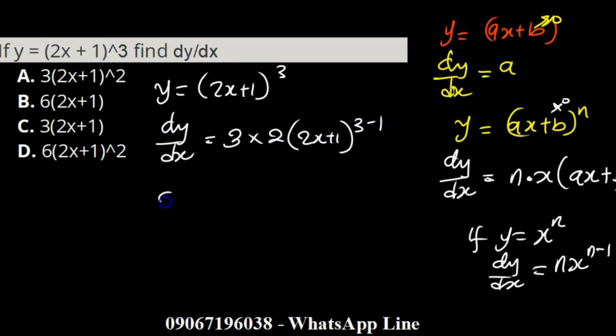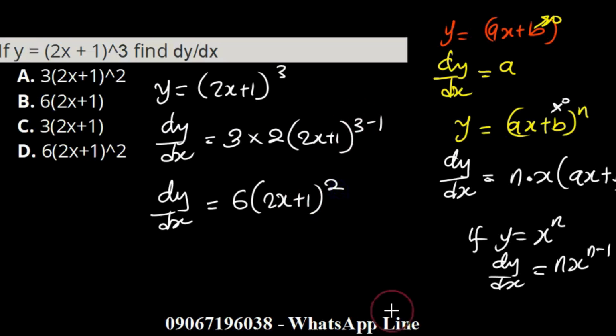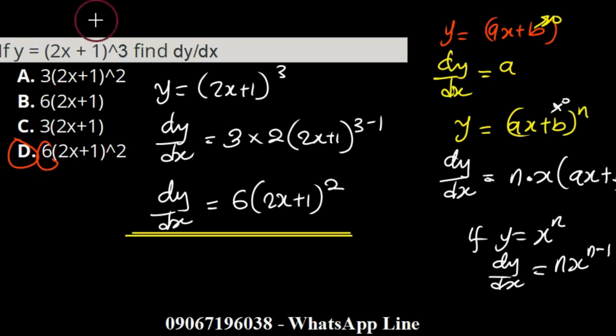So dy/dx gives us 3 times 2 is 6, times (2x + 1) raised to 3 minus 1, which is 2. So the answer to that question is 6(2x + 1) raised to the power 2. So the correct option for this question is option D. Alright, option D. So that is the answer to that question.